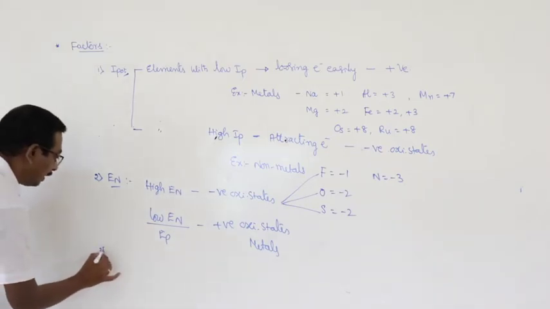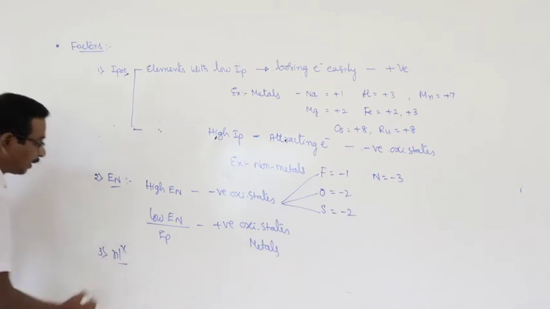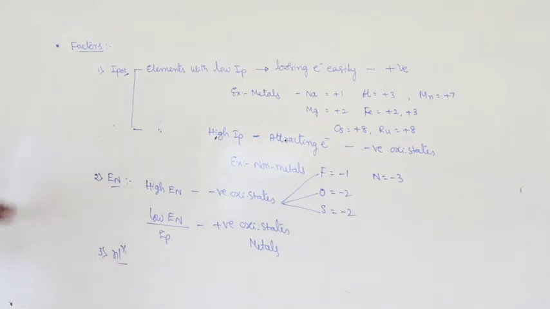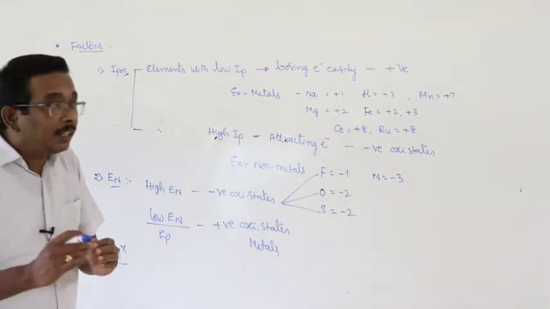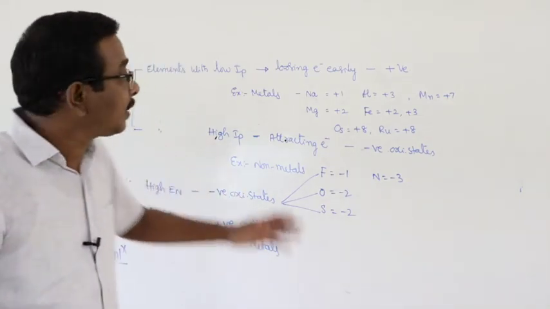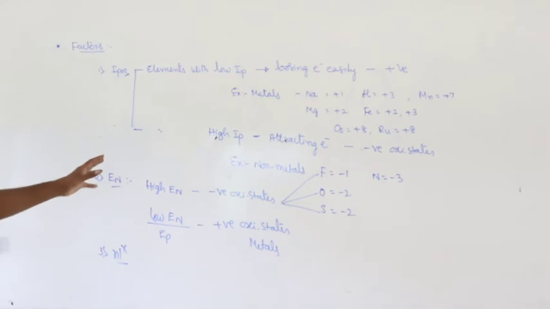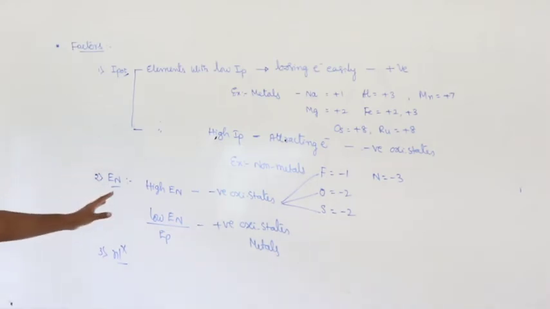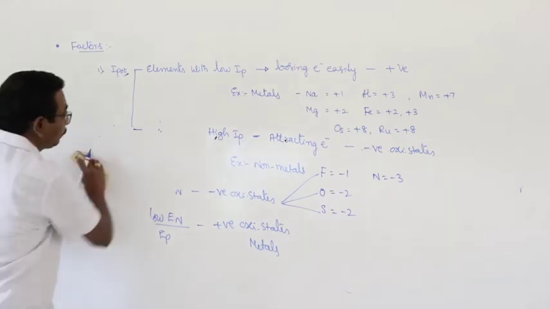And the third one is electronic configuration. Here, based on electronic configuration, we can evaluate the oxidation states that are shown by an atom of an element. How? Example.